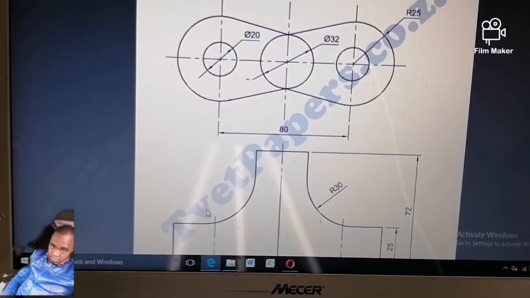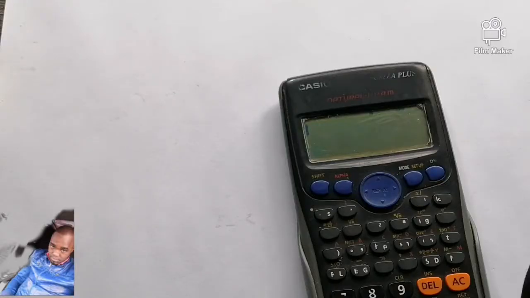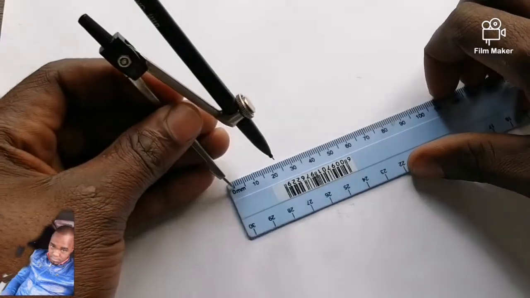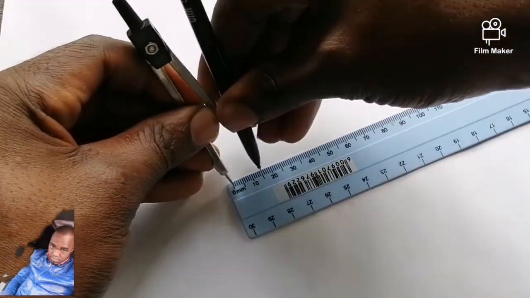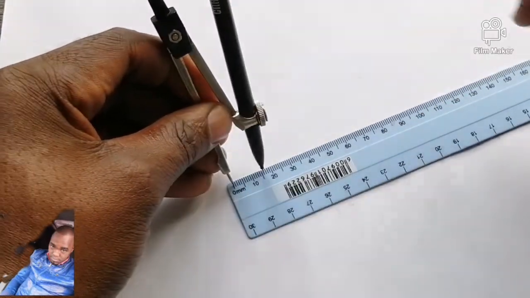So you take your calculator, 32 divided by 2, how much are you getting? 16. So you take your drawing compass, open it to 16, place it at the center, and draw this. You can even draw it dark.